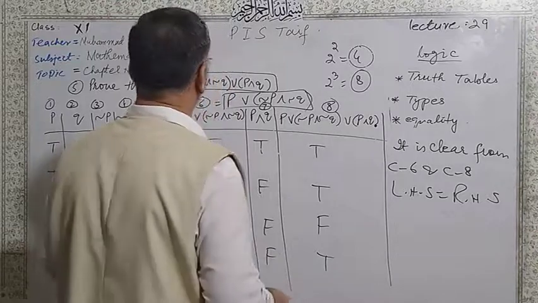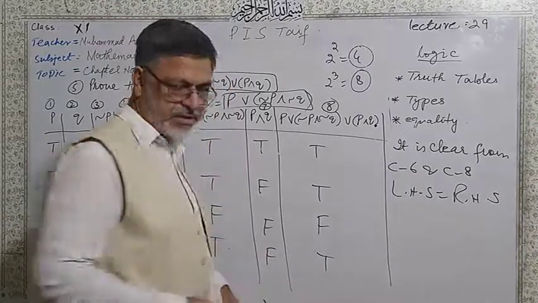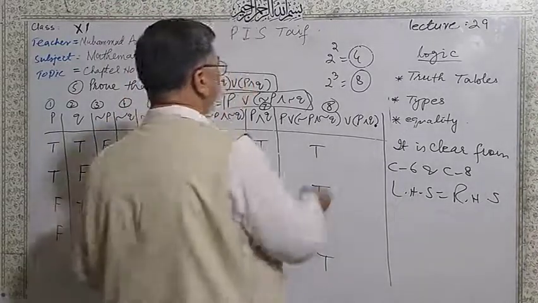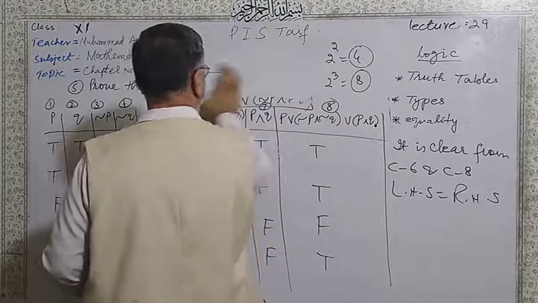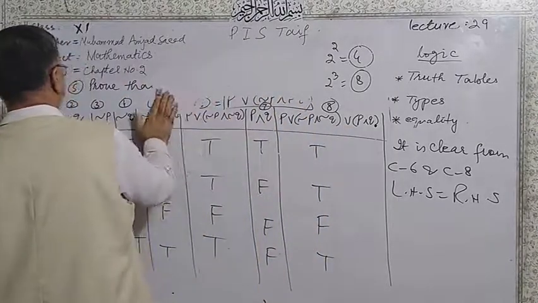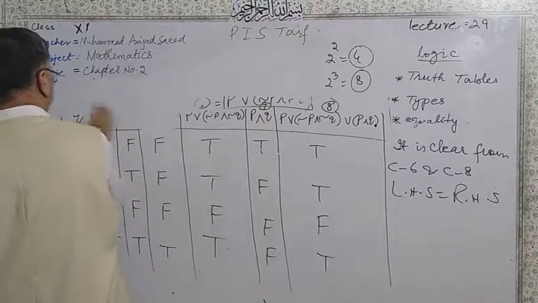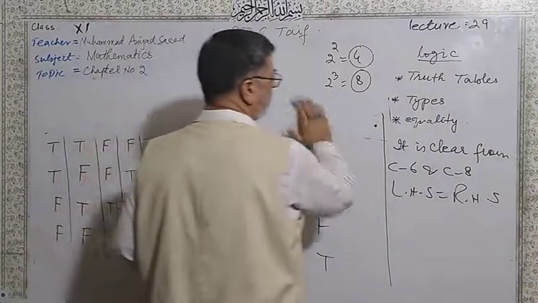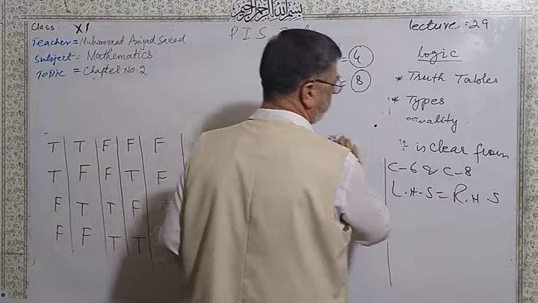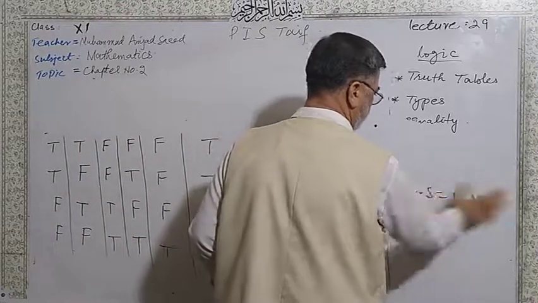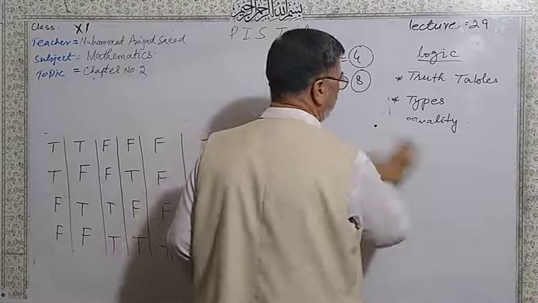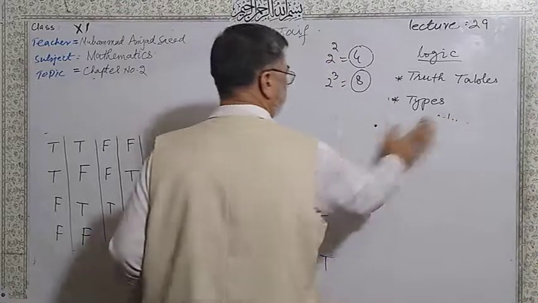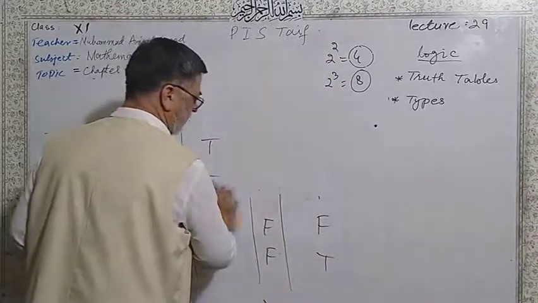So that was your exercise 2.4. After that, we have exercise 2.5. In case of 2.5, we have to convert different operations into logical form and then we will construct their truth tables.